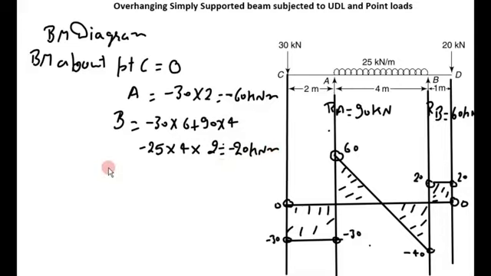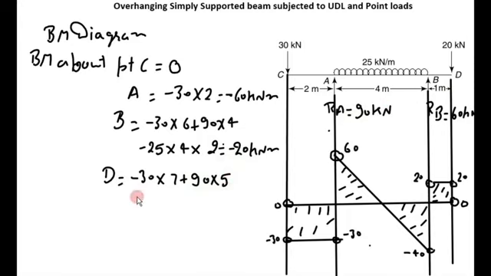The last point is point D. On the left side of point D, first force is 30 kilonewton. It is at a distance of 7 meter, so minus, it tends to rotate the beam in anti-clockwise direction. Next one is 90 kilonewton, RA, it tends to rotate the beam in clockwise direction, and RA is at a distance of 5 meter from point D. Next is UDL.